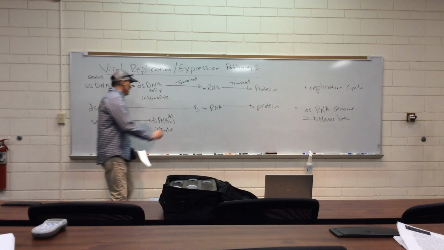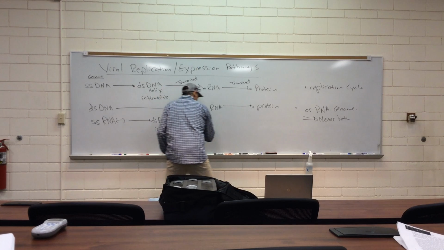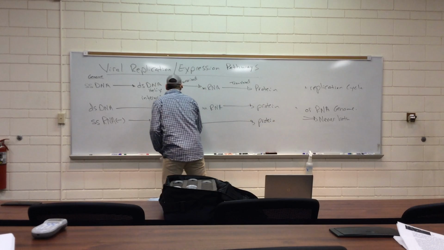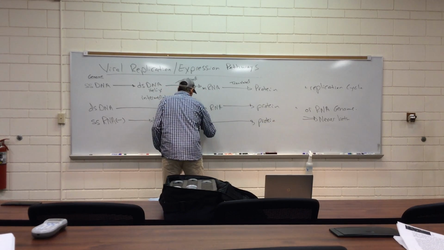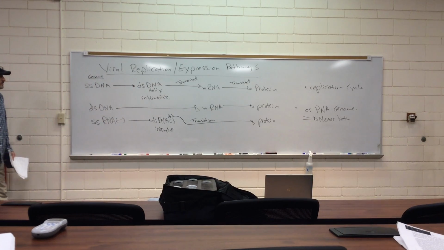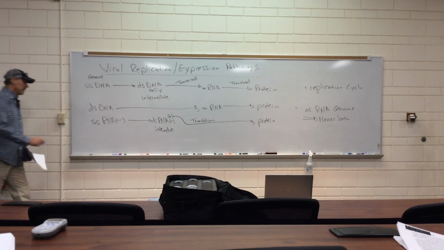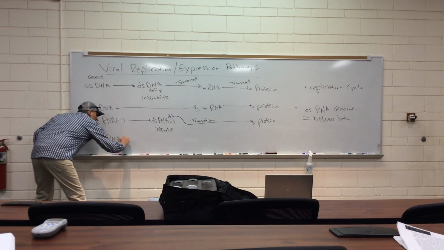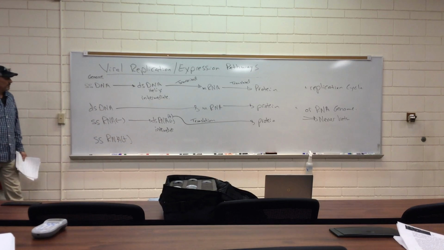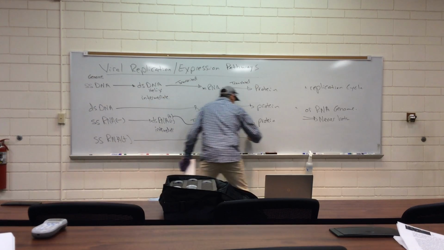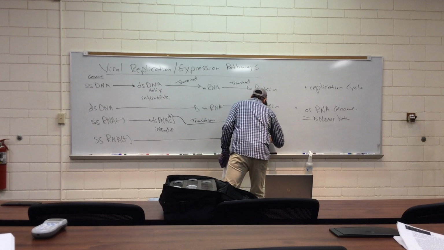This positive strand basically acts just like mRNA. You don't need to make mRNA, and it is translated straight to protein. If you're a single-stranded RNA virus and you have a positive strand, you don't have to make any intermediate at all. It acts just like mRNA and is translated straight to protein without any in-between.